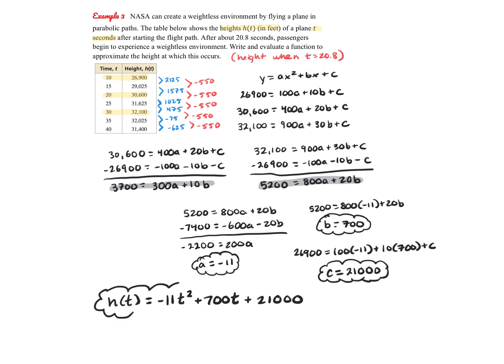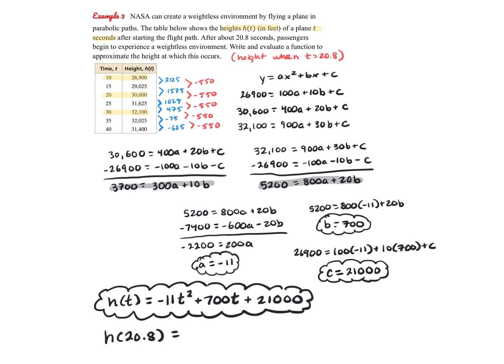And then now that we have our model, we can finally answer that question that was posed at the very beginning, essentially to find the height when the passengers experience that weightlessness, which is 20.8 seconds. So we're just going to evaluate our function at 20.8.